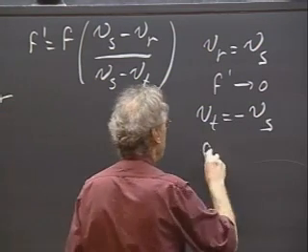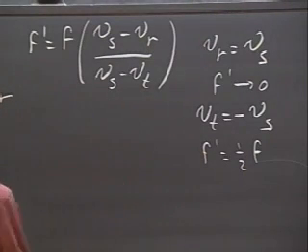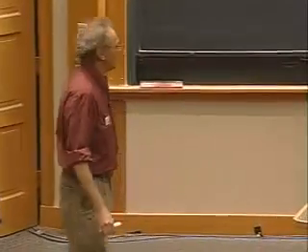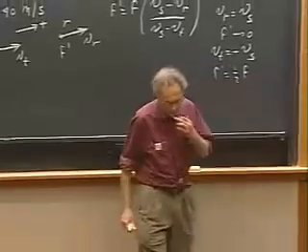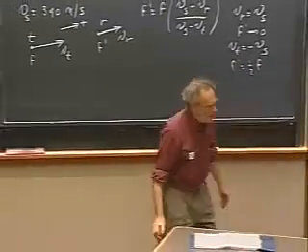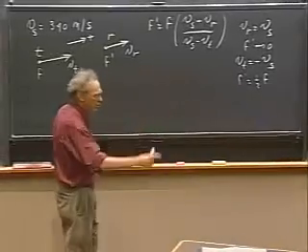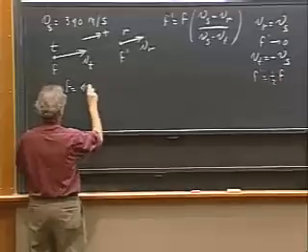So f prime is now 1/2 f. So you see an enormous difference in the two. So you walk away from the source with the speed of sound, and you hear nothing. And if the sound moves away from you with the speed of sound, all you hear is half the frequency of the sound source.